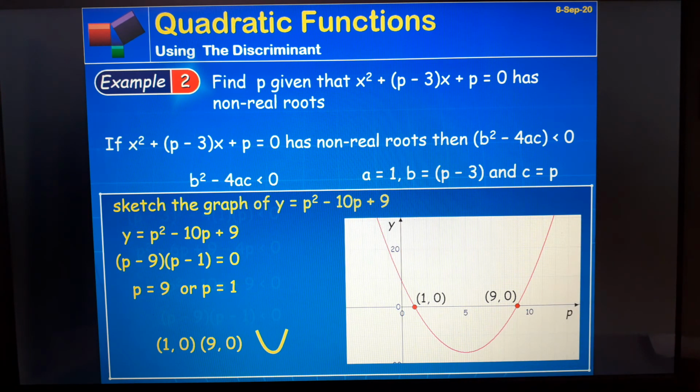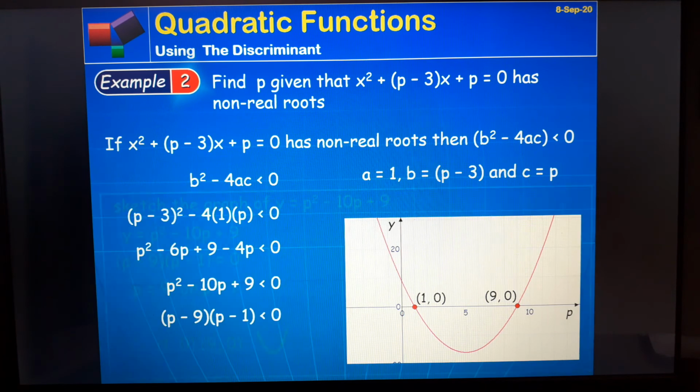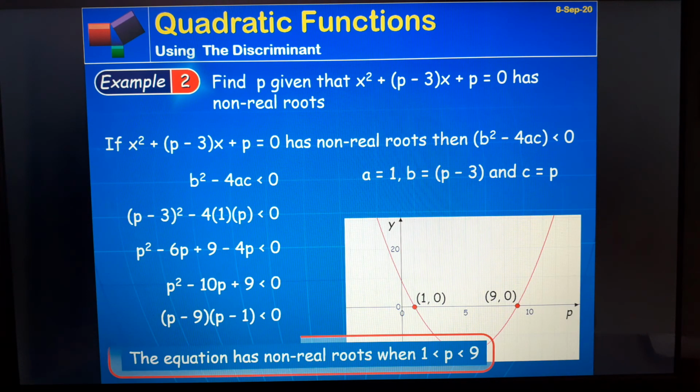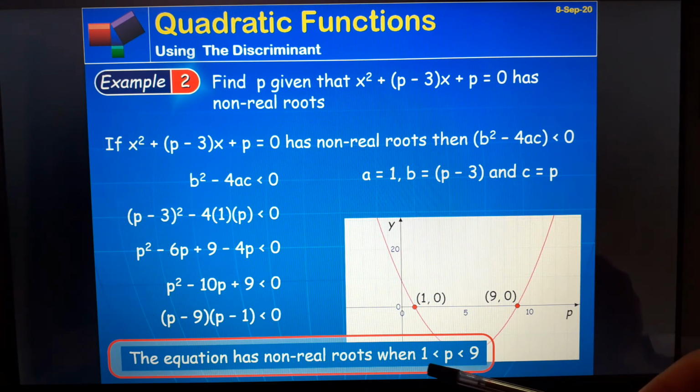Remember how we solve a quadratic inequality. So it is less than 0 between 1 and 9. The equation has non-real roots when P is between 1 and 9, physically in between 1 and 9. And remember, your inequality signs go in the same direction when your letter's in the middle. And you can pick one of them to decide the direction.